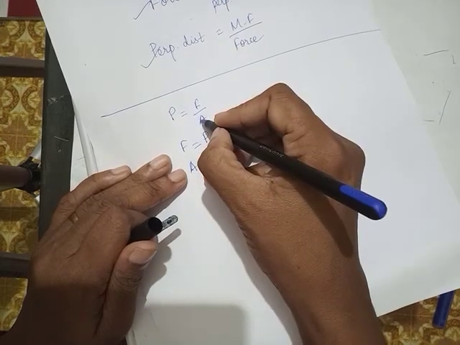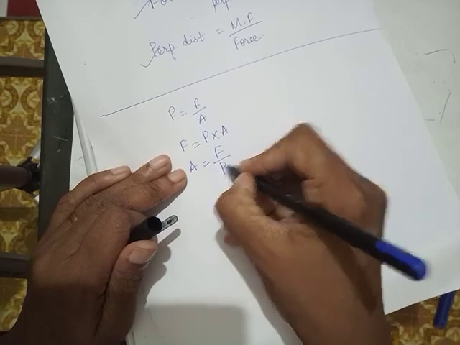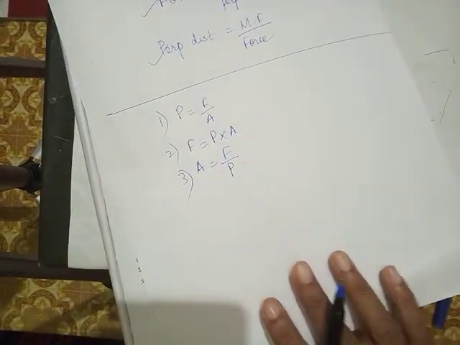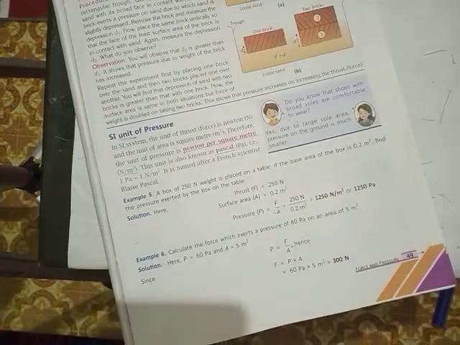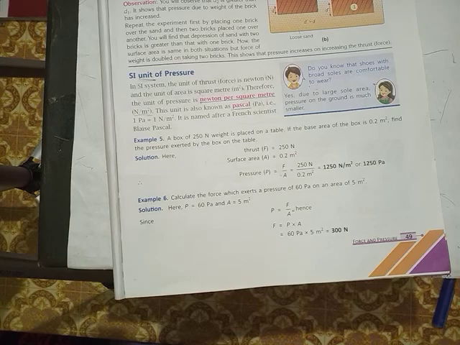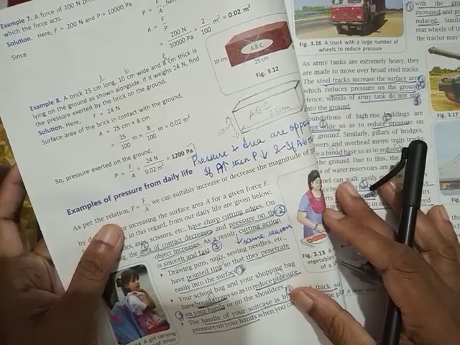Area will be, so if this has to go there, this will come down, force upon pressure. So these three possible formulas, numericals can come on these three formulas. Okay, so I think all the three types are given here. If you practice, you will get a better idea.